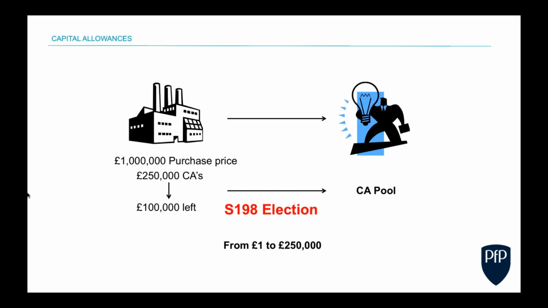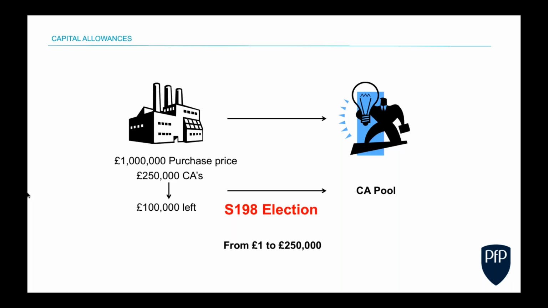The value on this election can be anywhere from £1 per capital allowance pool, so in this example, a minimum of 1, right up to the total amount that's ever been pooled on fixtures that are still in the building. So in this instance, the whole 250,000.